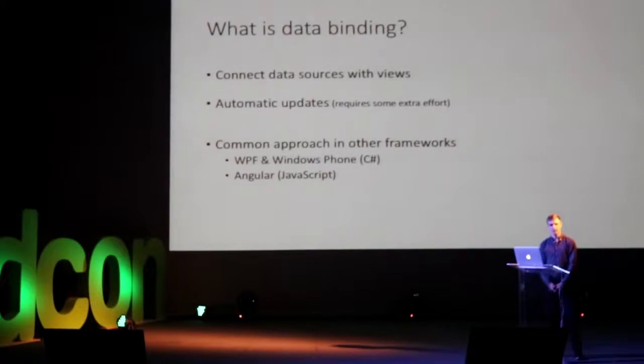And if you have a history in .NET, like with WPF or Windows Phone, then you have probably worked with MVVM and data binding before. Microsoft came up with that concept of combining those two about a decade ago, I guess. And if you've worked on the web with Angular, then you're also very familiar with data binding.